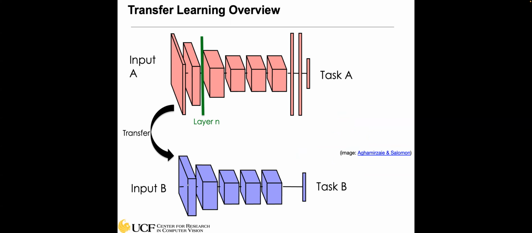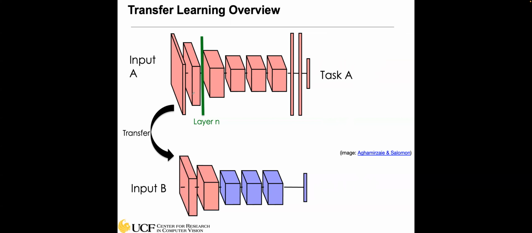And now the B task is doing medical image classification, right? So we want to leverage this pre-trained model. So we take a couple of layers from this pre-trained model, right? And we kind of freeze the weights, right? We don't change the weights, right?